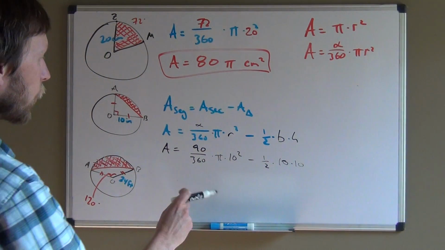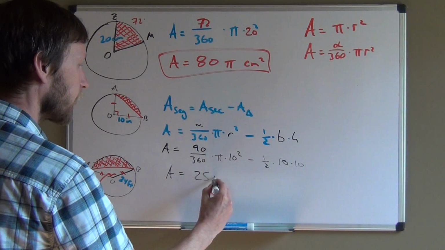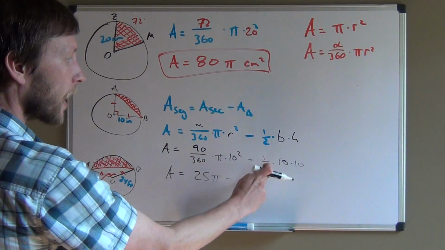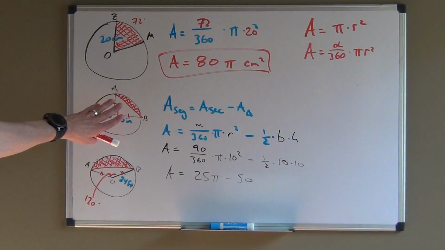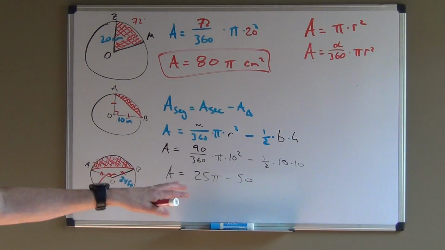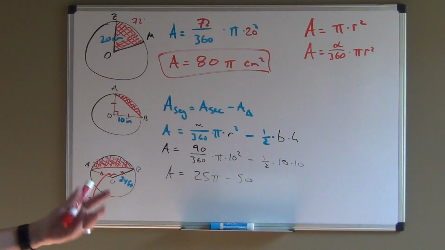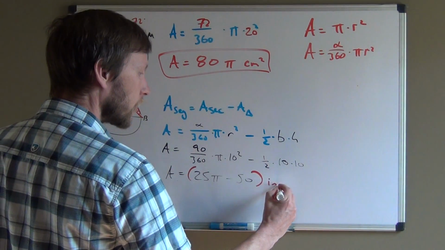And so essentially what we have here is 1/4 of 100 pi. 1/4 of 100 is 25. And then we are subtracting 1/2 of 100. So we get that the area in this second example here is 25 pi minus 50 square inches. All right, so we're going to have this many square inches.